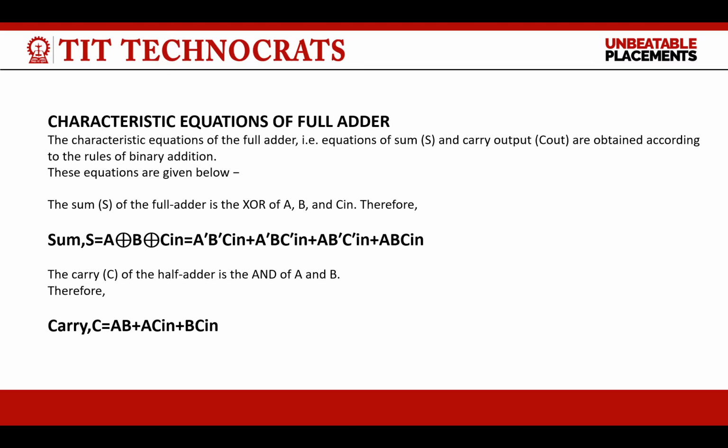Therefore, sum S is equal to A exclusive OR B exclusive OR C in, and the final expression we receive is A complement B complement C in plus A complement B C in complement plus A B complement C in complement plus A B C in. The carry C of the full adder is the AND of A and B. Therefore, C is equal to AB plus A C in plus B C in.